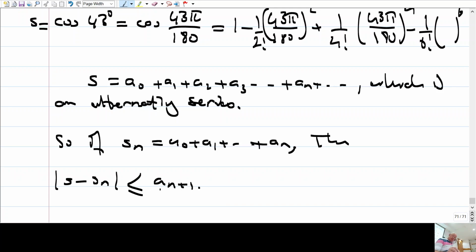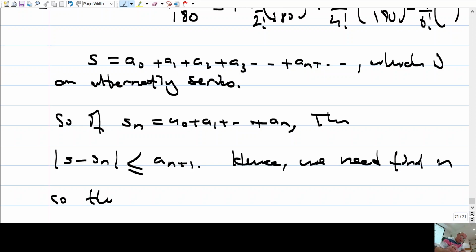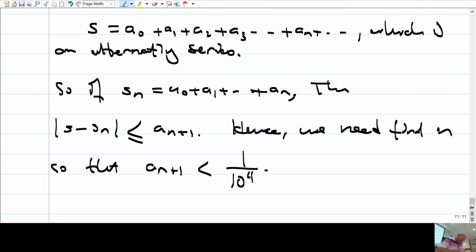So I need to choose this less than 1 over 10,000. Hence we need to find n so that an plus 1 is less than 1 over 10,000. What is an plus 1?